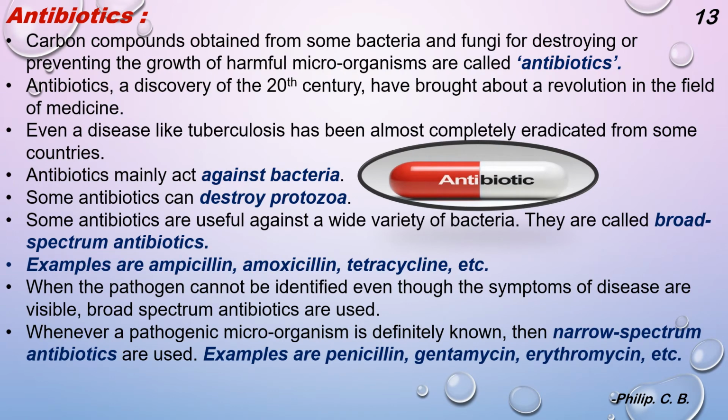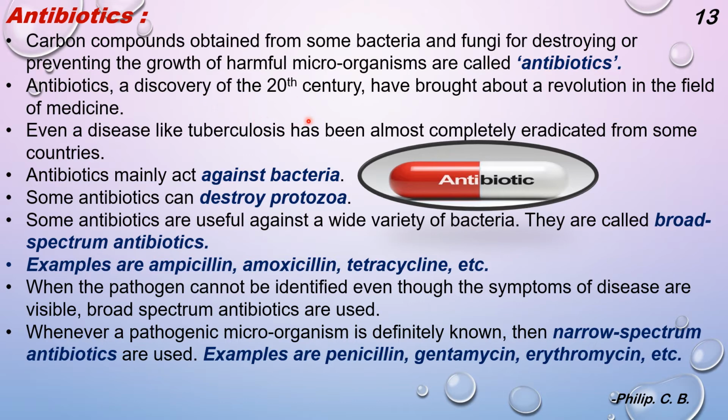Now coming further to antibiotics. Carbon compounds obtained from some bacteria and fungi for destroying or preventing the growth of harmful microorganisms are called antibiotics. Now, we take antibiotics very commonly, because whenever there is an illness, fever or some infection, we usually go to the doctor and the doctor prescribes the medicine, which is nothing but antibiotics.